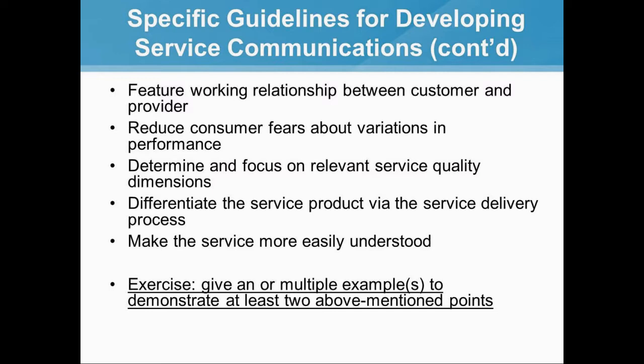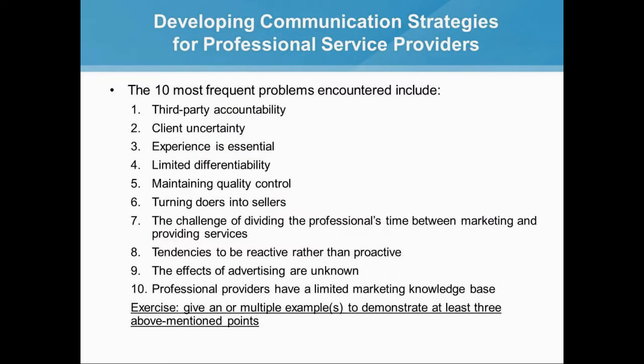Other specific guidelines for developing service communications include fostering working relationships between customer and provider, reducing consumer fears about variations in performance, determining and focusing on relevant service quality dimensions, differentiating the service product via service delivery process, and making the service more easily understood.